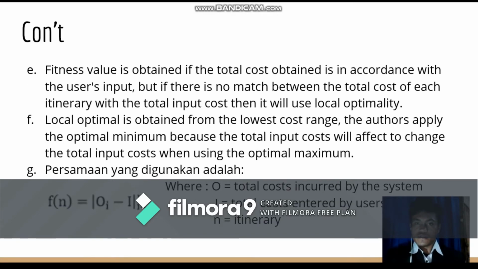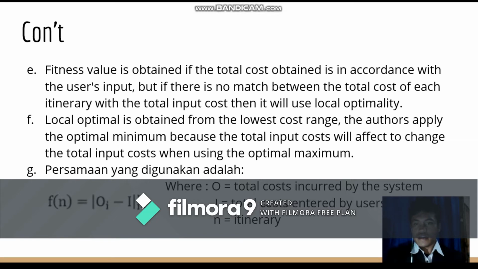The fitness value is obtained if the total cost obtained is in accordance with the user input, but if there is no match between the total cost of the itinerary and the total input cost, then it will use local optimality. Next, the local optimum is obtained from the lowest cost range.